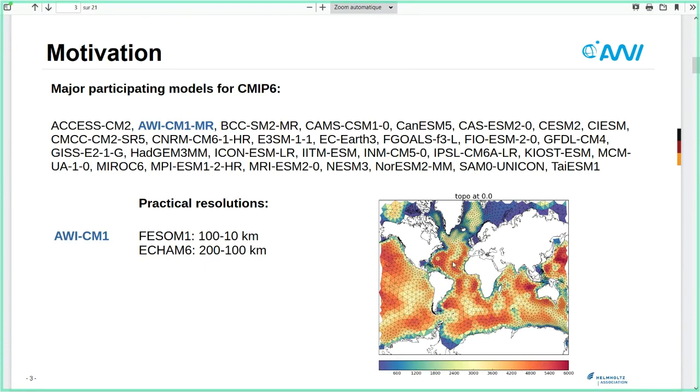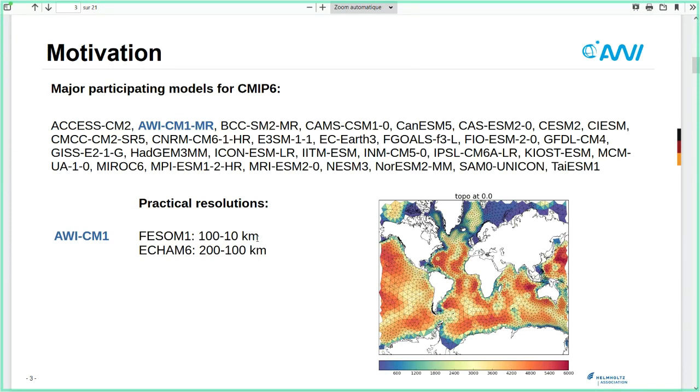What I show here is a toy mesh where the individual cells are large enough so that you can see them on the screen. In reality, the simulation resolutions are higher. So for FESOM1, for our CMIP6 model, we had something between 100 and 10 kilometers that were practical, maybe not on the same mesh, but that's the range that we were having.